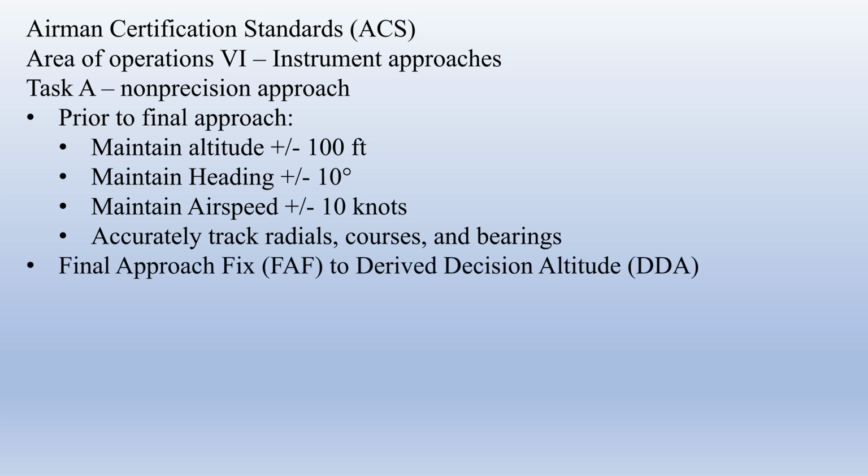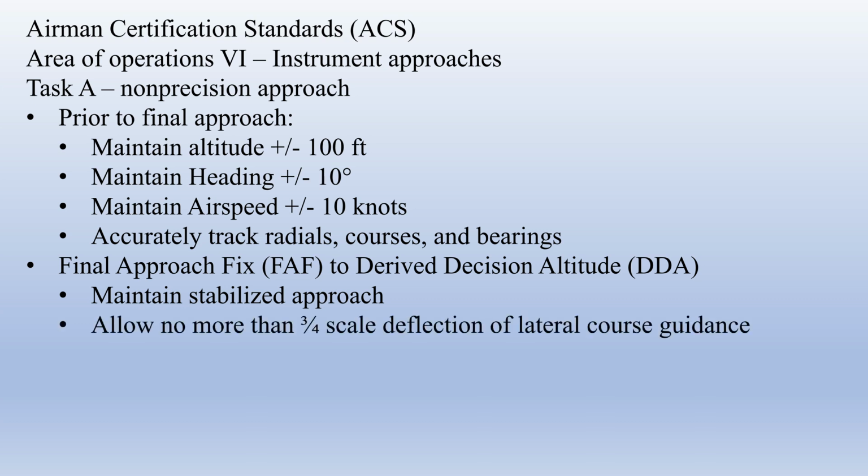For the final approach segment, from the final approach fix to the derived decision altitude, the standards that apply there are that you maintain a stabilized approach, no excessive rate of descent or excessive airspeed, allow no more than a 3/4 scale deflection of the lateral course guidance, so that back course needle needs to stay in the center and deviate no more than a 3/4 scale deflection on that CDI.